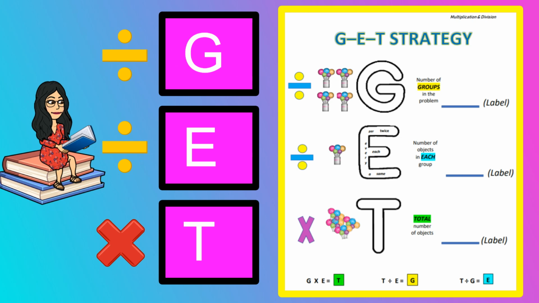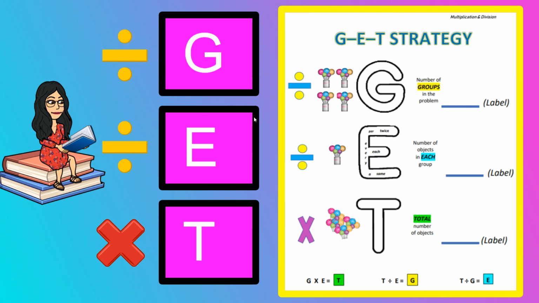If you wanted to find out the number of objects in each group, this tells you that you would divide the total number of objects by the number of groups in the problem. This would tell you the number of objects in each group.